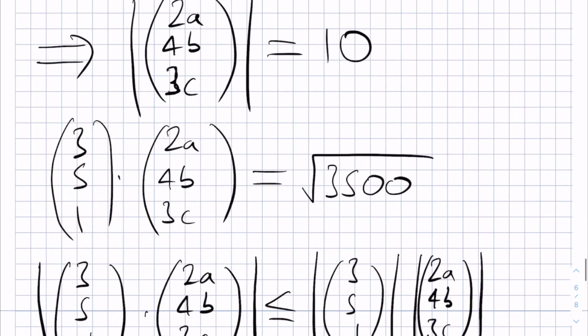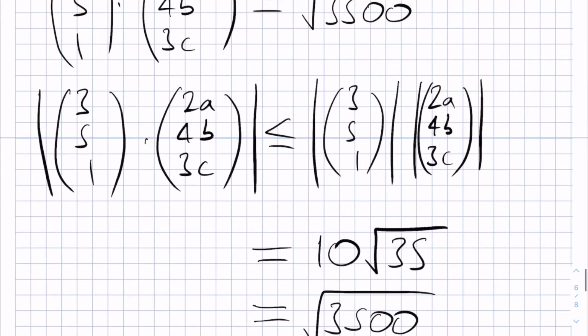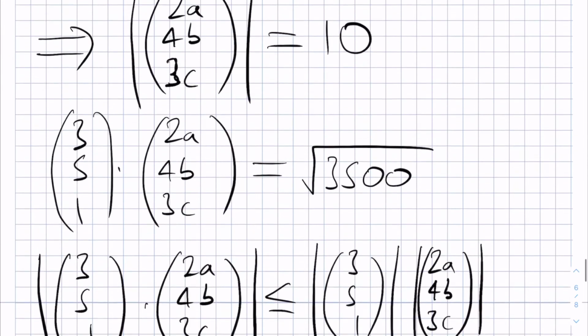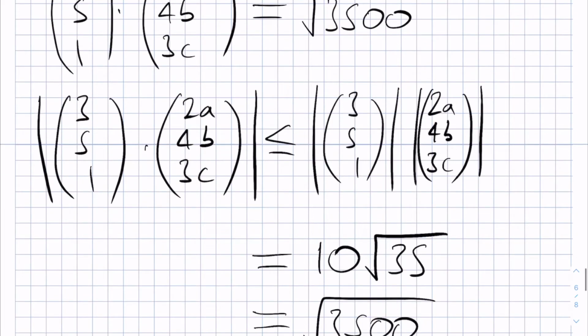To clarify, this is an equation that we have here, but then if we consider the left-hand side using the Cauchy Schwarz inequality, we recover that it is less than or equal to the same value that appears on the actual right-hand side of our equation. Therefore, these vectors must be parallel because we have an equality case of the Cauchy Schwarz inequality.